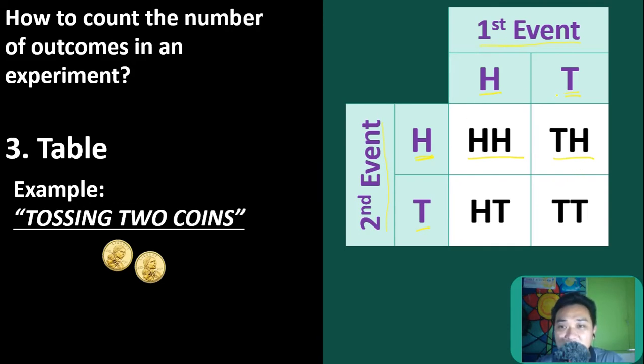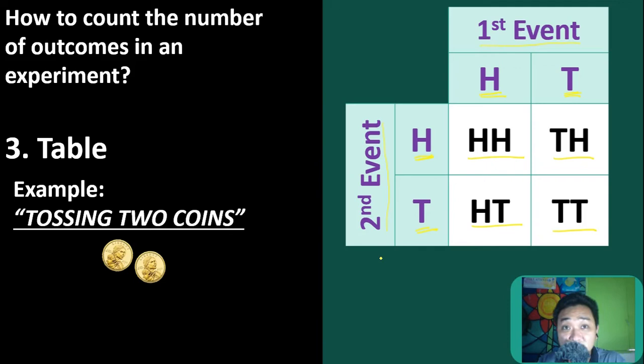So, pinapartner-part na lang natin yan para mas madali. Or, kung sa first event, head, tapos sa second event, tail, that will be head, tail. And, if we have in the first event, tail, and on the second event, tail pa rin, so that will be tail, tail.